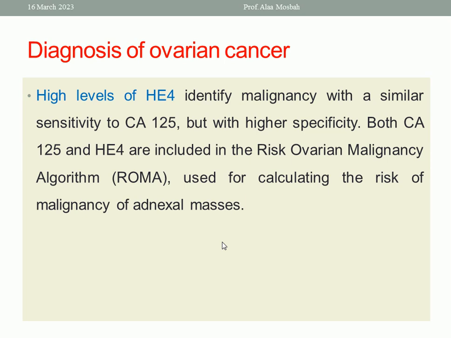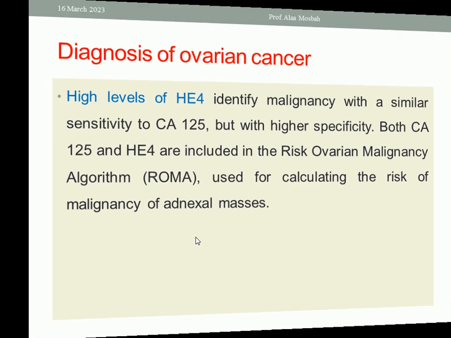And as I said, human epididymis protein 4 has a higher specificity than CA125. So if we use both of them, we have a better diagnosis, as what we are using in ROMA, risk of ovarian malignancy algorithm.